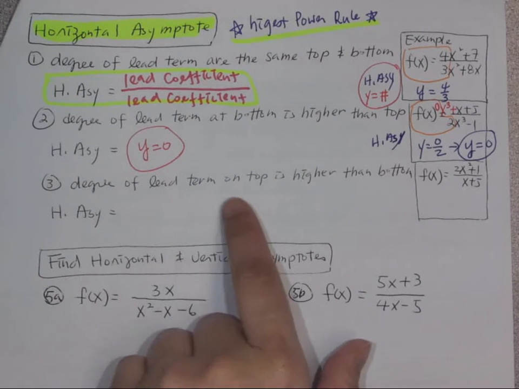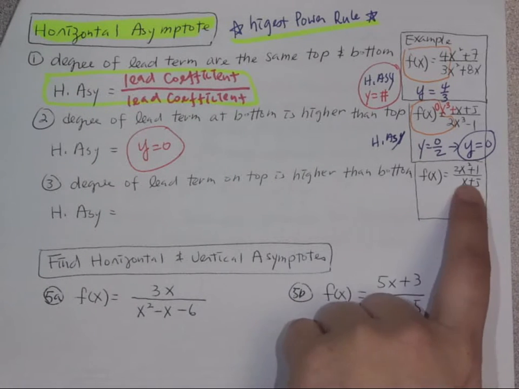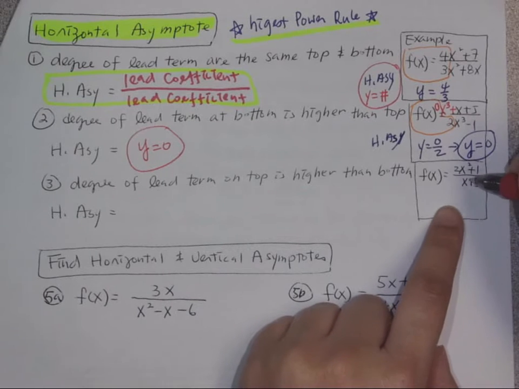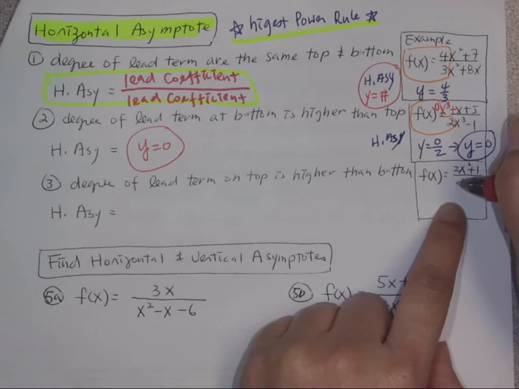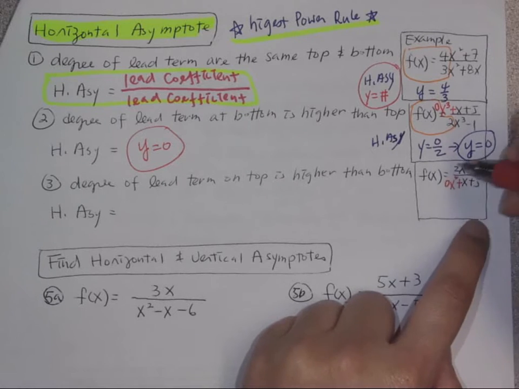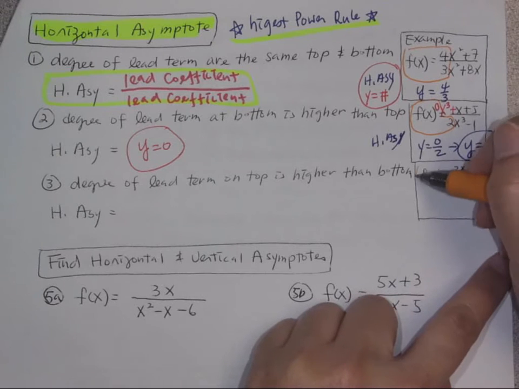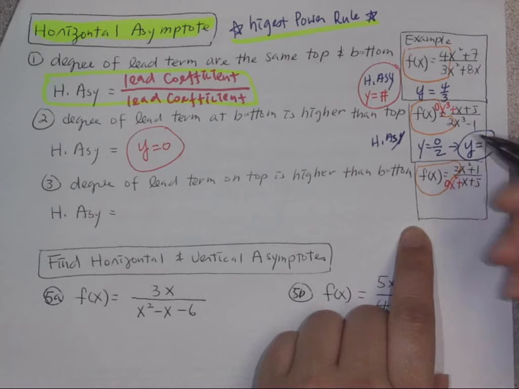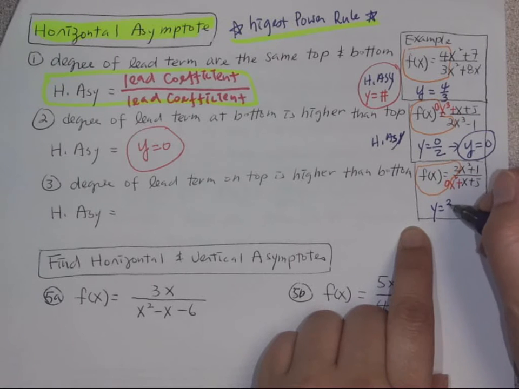The next one says, how about if the top is higher, such as this guy? The top is higher, I can use the same strategies, right? I'm going to force a term x squared at the bottom, but that needs to multiply by what? 0. So now I can just pick up the leading coefficient, right? Because both of them have x squared. So I'm going to end up with y equal to 2 over 0.